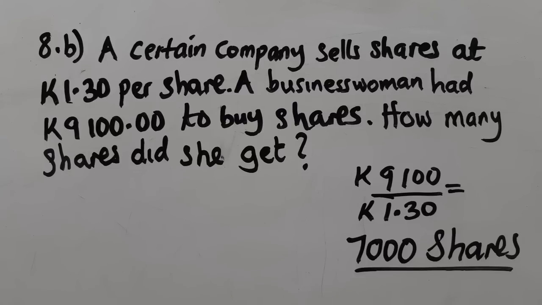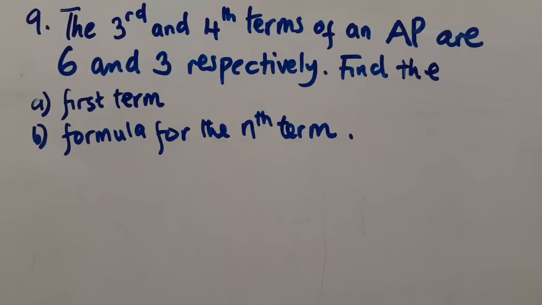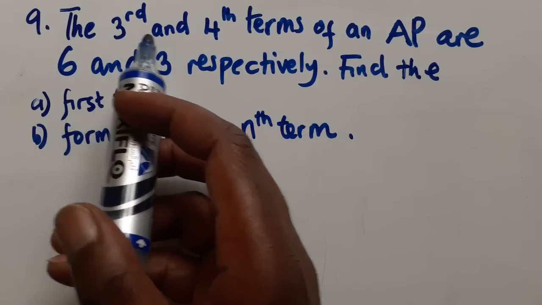We got question 9. This is our question 9. The third and fourth terms of an AP, which is arithmetic progression, are 6 and 3 respectively. A, find the first term. B, find the formula for the nth term. So we need to understand these things here.